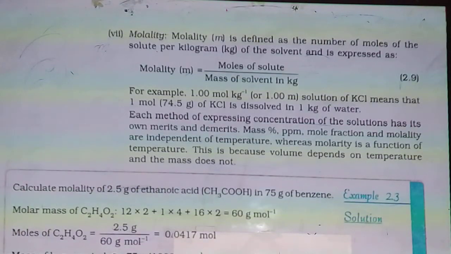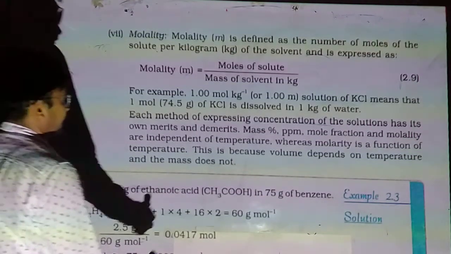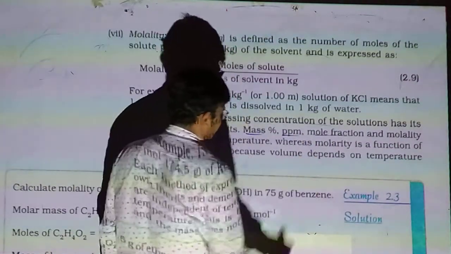Each method of expressing concentration of the solution has its own merits and demerits. Mass percent, weight by weight, ppm by mass, mole fraction and molality are independent of temperature. Why? All of them are independent of temperature.